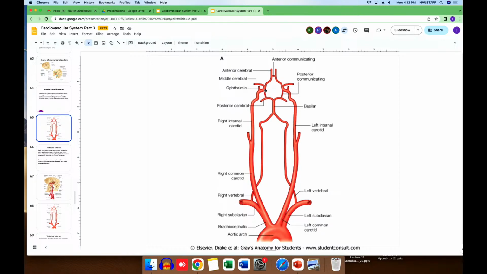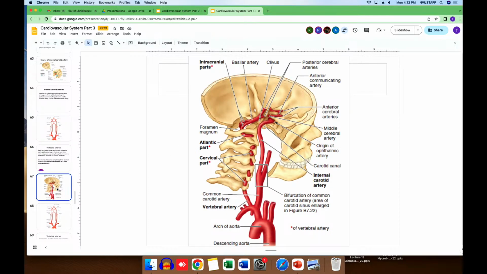So thus we can say that our circle of Willis was created by the branching of the internal carotid arteries, right? So what are the vertebral arteries doing, and what is their main function, if it all was created with the internal carotid arteries?